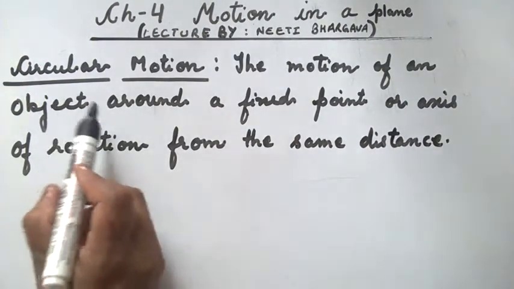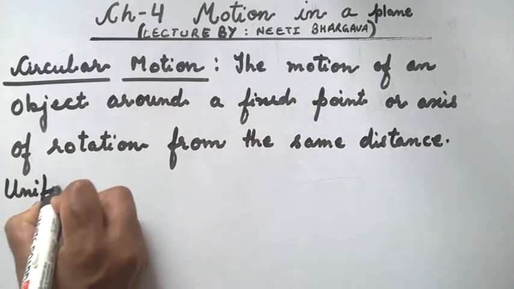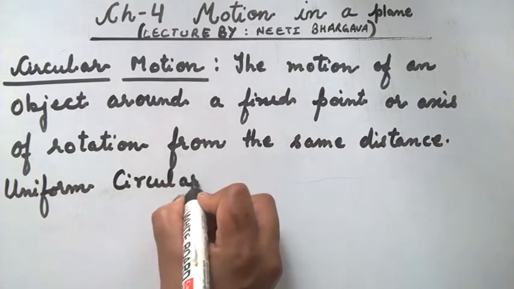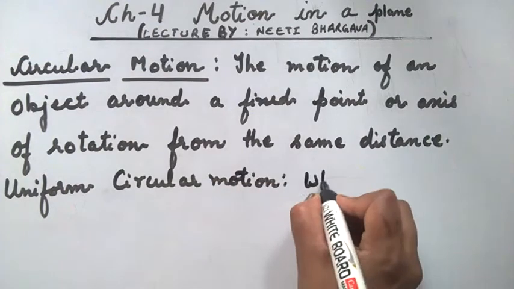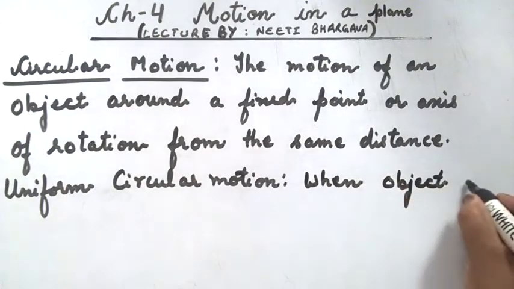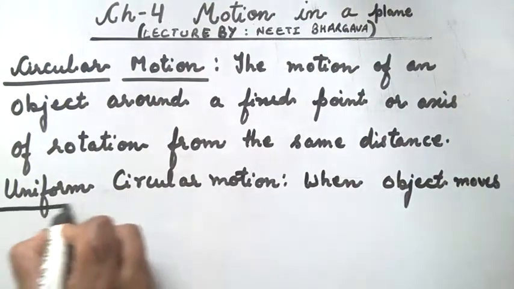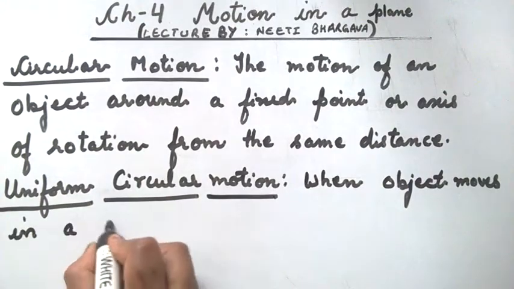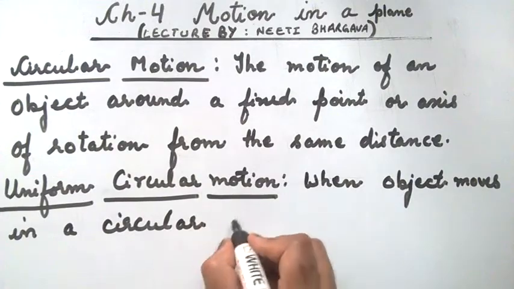And the object is in uniform circular motion when the object moves in a circular path with constant or uniform speed.